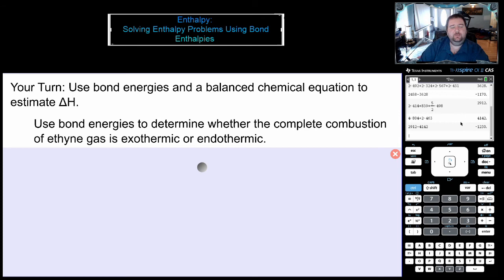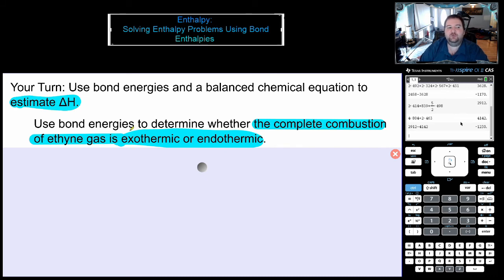Okay, so this is going to be the last problem of the day. What we're going to do is estimate delta H using our bond enthalpies, and we're also going to determine whether it's exothermic or endothermic. And what are we looking at? We're looking at the complete combustion of ethane gas.